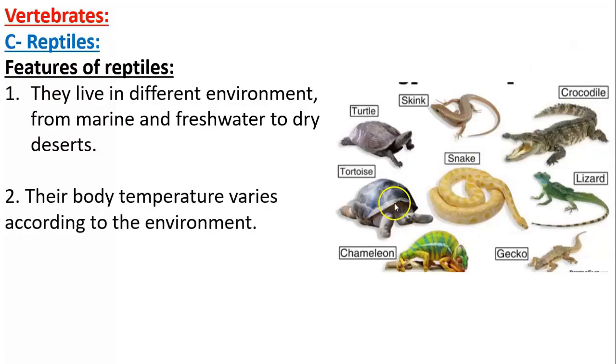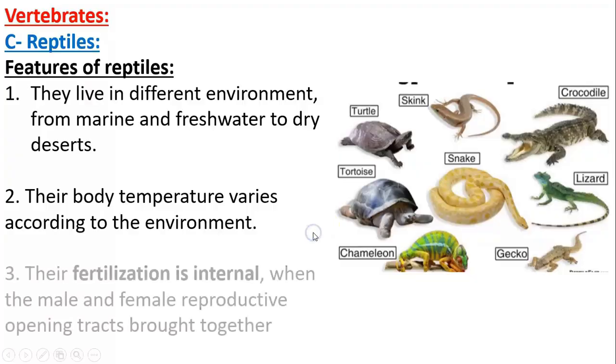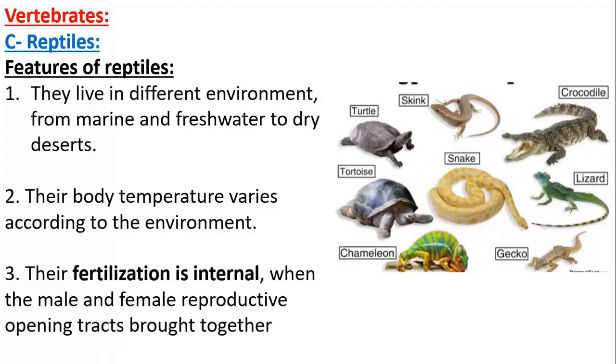Looking deeper, we will see that their body temperature varies according to the environment, which we call cold-blooded in biology. Also, the fertilization is internal, which means that the male and the female reproductive tracts have to be brought together.